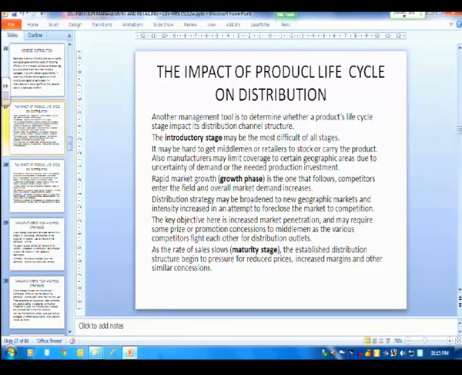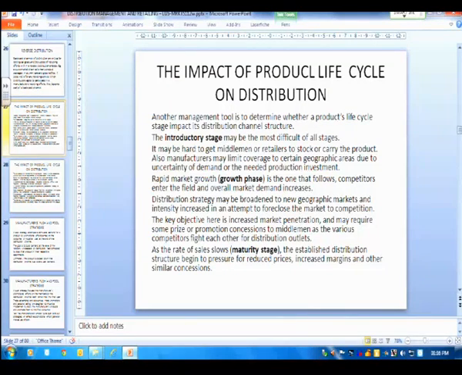Growth phase. Rapid market growth, commonly known as the growth phase, is the one that follows when competitors enter the field and overall market demand increases. Distribution strategy may be broadened to new geographic markets and increased in an attempt to foreclose the market to competition.